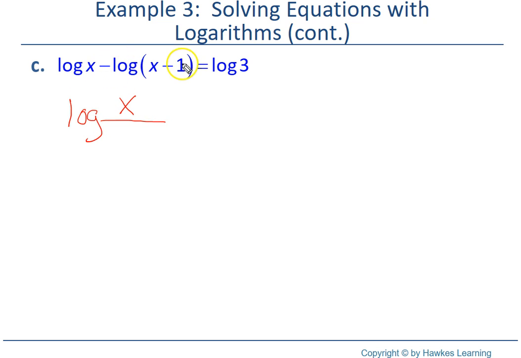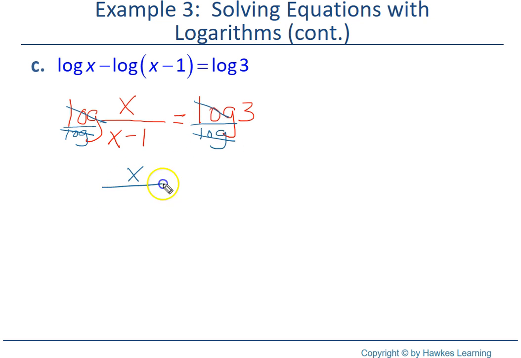And this negative log goes down in the denominator here as x minus 1 equals the log of 3. Now, an interesting thing, since this is algebra, we can divide this side by a log and this side by a log, and the logs just cancel out, and we're left now with x over x minus 1 equals 3.